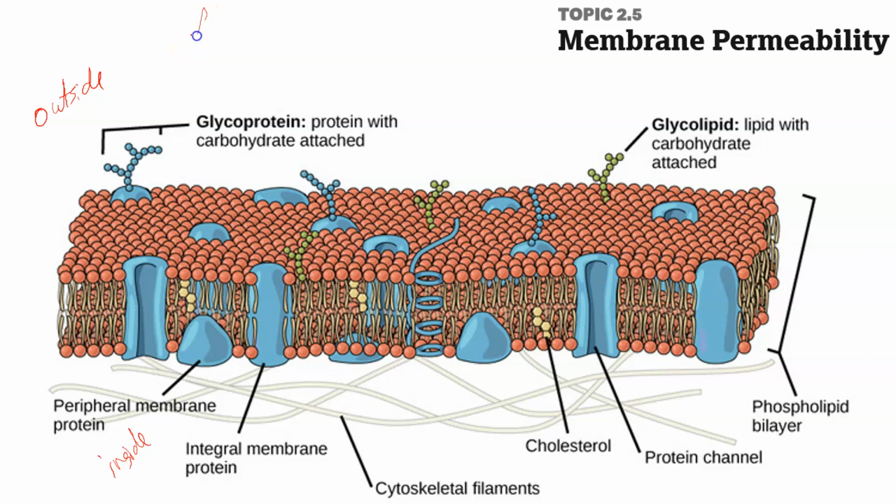So the fluid mosaic model we talked about in a previous slide dictates that this is a very fluid system. There are many moving parts in it, various proteins that help us to maintain homeostasis.